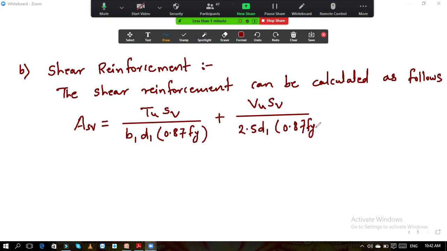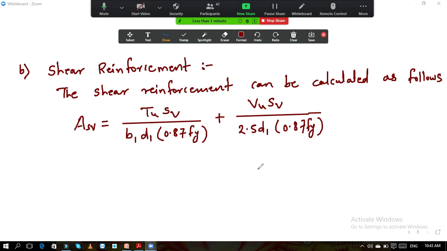So write down up to this point. I will explain to you later on what this is. This formula is also given in the IS code. Write down up to this point first.